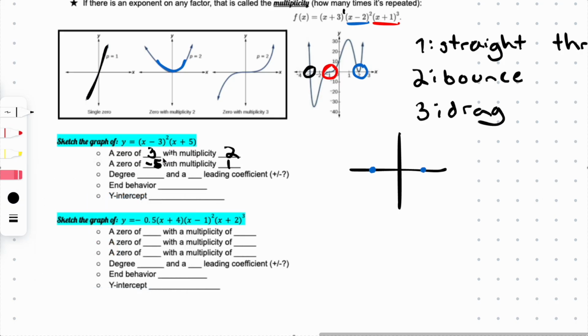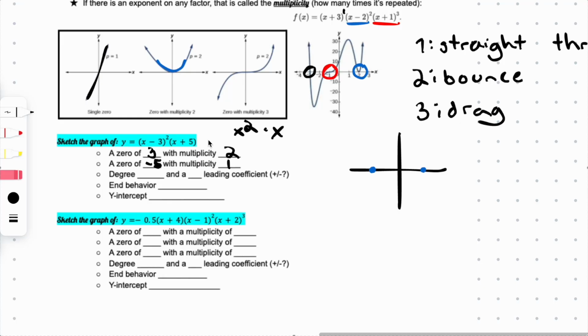So degree, what's our degree? Well, that means it's basically our highest degree. So how we do that is we square this x, since we're raising this entire parentheses to the second power. So we have x squared, and then we'd multiply by x again. Essentially, assume we FOIL this entire function.